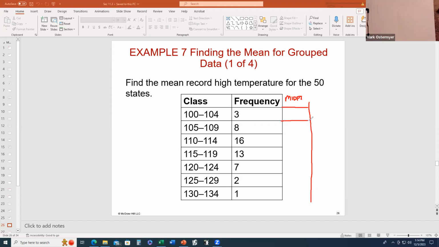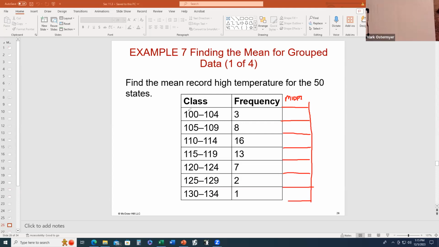And how do we find the midpoint of a class? Anybody got an idea how we could compute the midpoint of each of these classes? For instance, how can we find the midpoint of 100 to 104? How would you find the middle value between 2 values in a class?